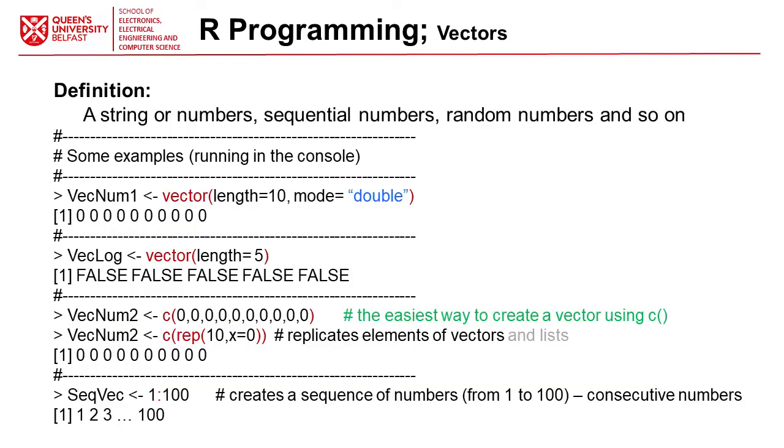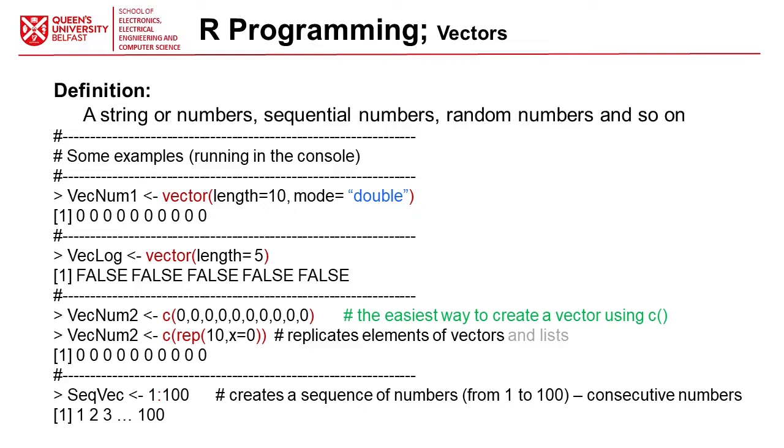So, we're going to go for vectors. Here we have some examples. The definition of a vector is a string of numbers, sequential numbers, random numbers, or something like this. In the console, this is the prompt of the console, I use vector.